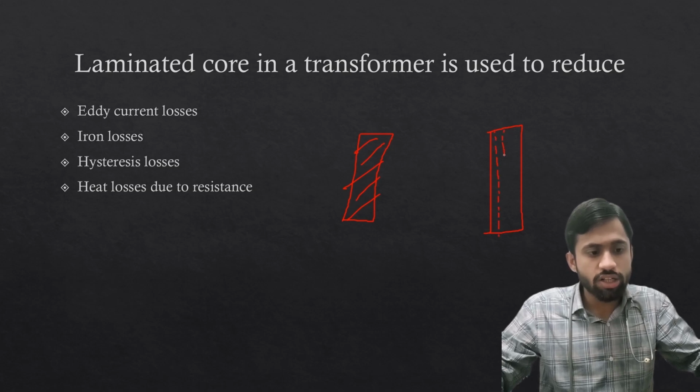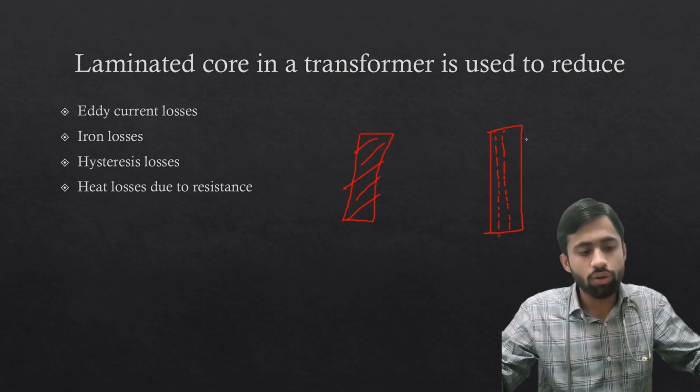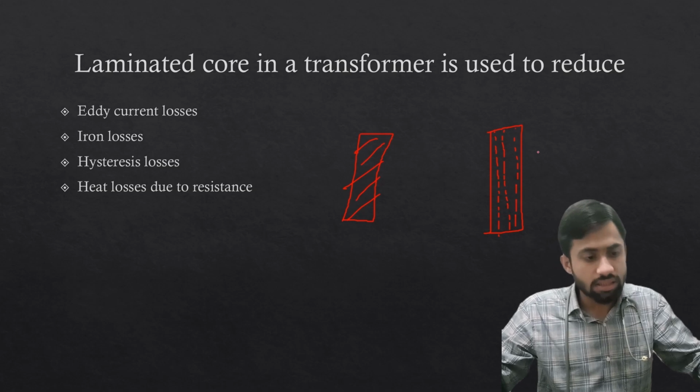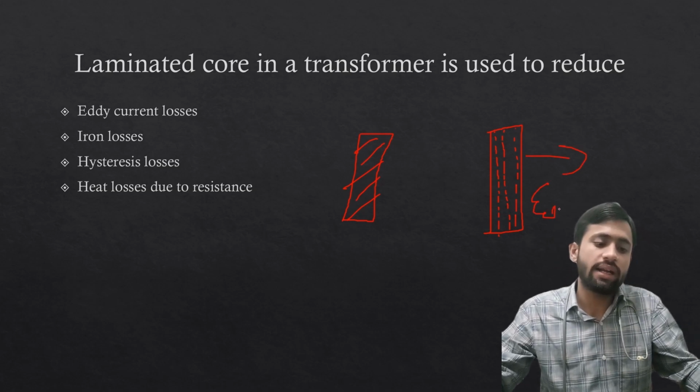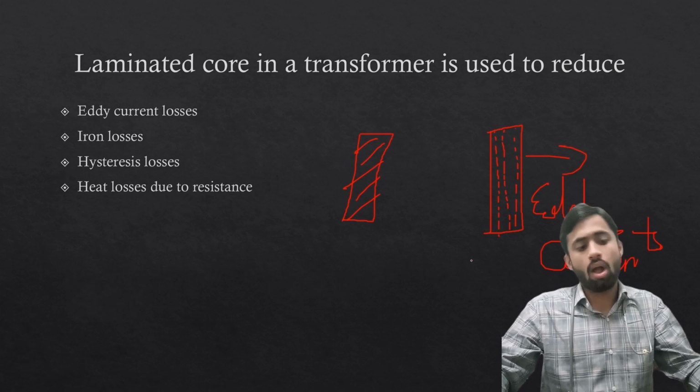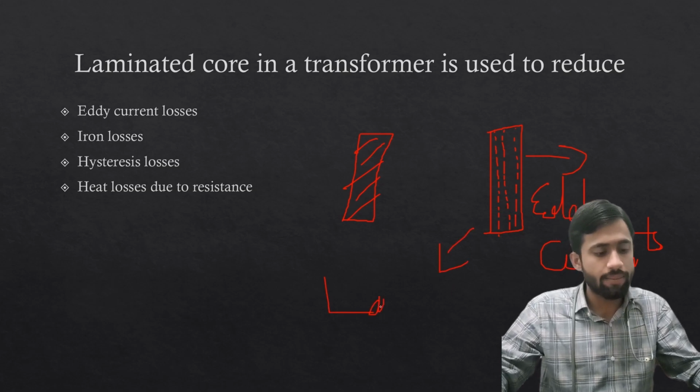So these are sheets of metal plates that are joined together to form the same thickness of the metal plate. Now these cuts reduce eddy currents. These cuts are also known as laminated core.